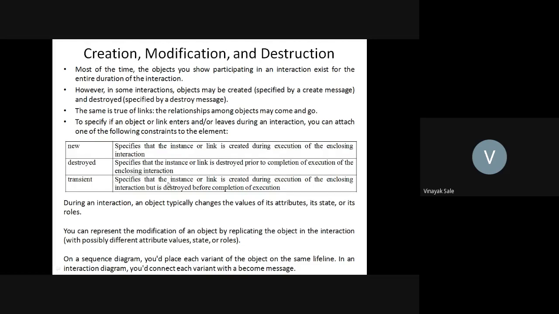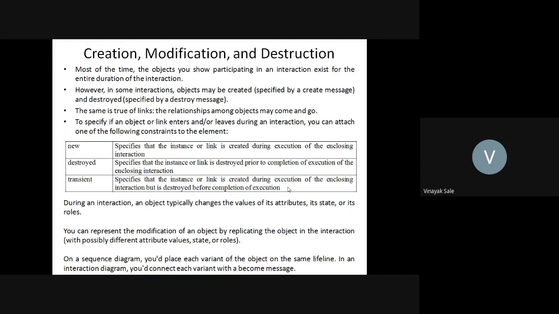Transient specifies that the instance or link is created during the execution of the enclosing interaction, but it is destroyed before completion of the execution. During an interaction, an object typically changes the values of its attributes, its state, or its roles.